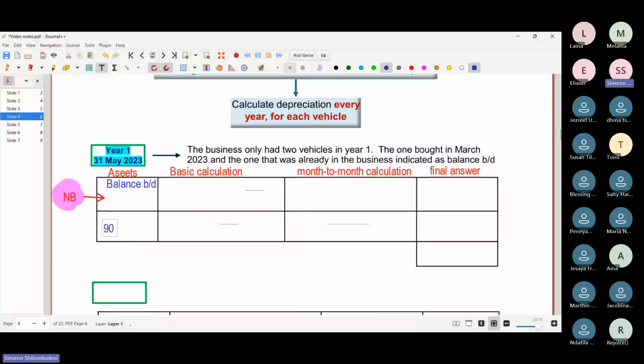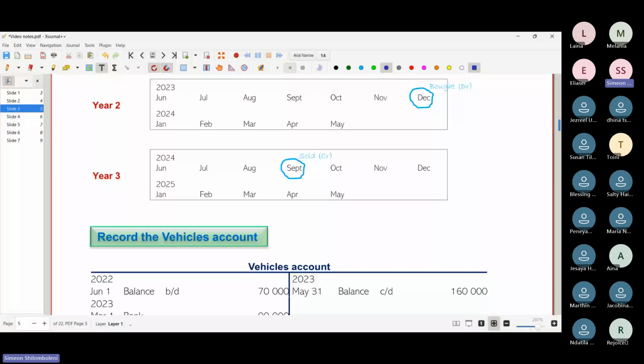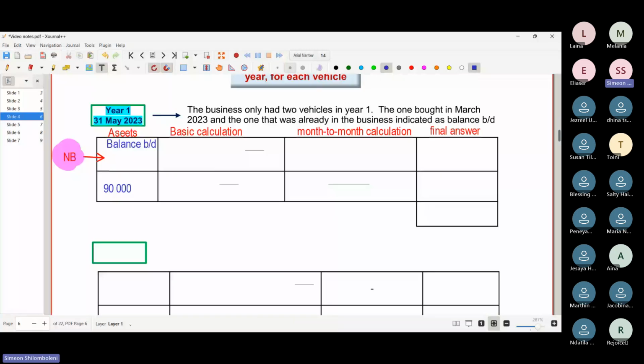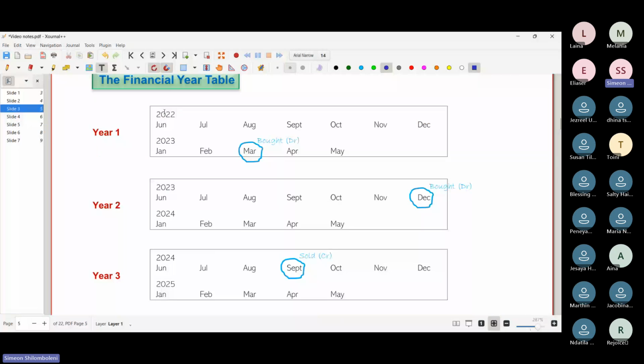How much is our balance brought down? Our balance brought down is 70,000. Don't forget to put down the balance. Remember, if you have a question, you unmute and you ask. So we put here 70,000. Now, if you already know how to do your financial table, which is in video 1 on YouTube, you can see that in year 1, this is the only asset that we had.